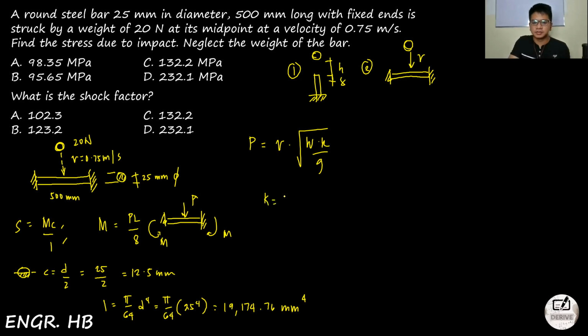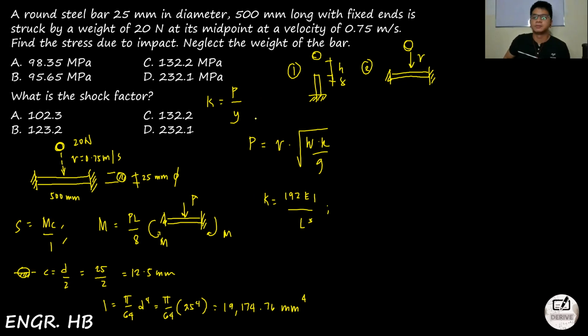Again, K is derived from the formula P, the force, divided by the deflection. So pwede rin natin sabihin na Y siya. Kasi di ba meron tayong formula na Y is equal to PL cubed divided by 48 EI.